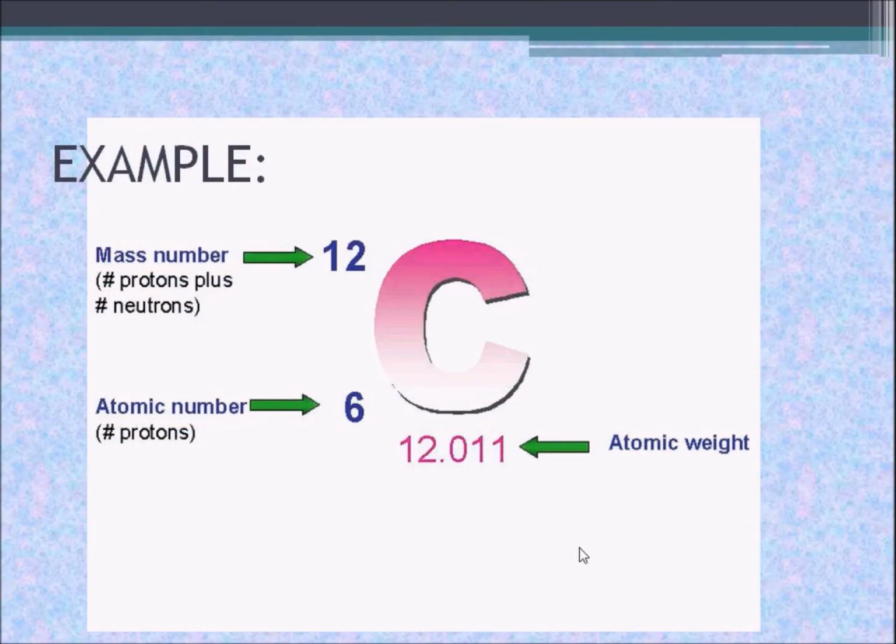We have taken the example of carbon, where the atomic number is written here and the mass number is here. What is the mass number? Protons plus neutrons. The atomic number is the protons. Here is the atomic weight. We'll be discussing atomic weight later in the next sessions.